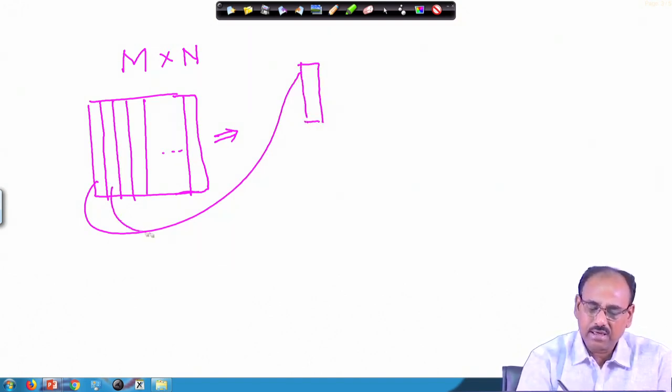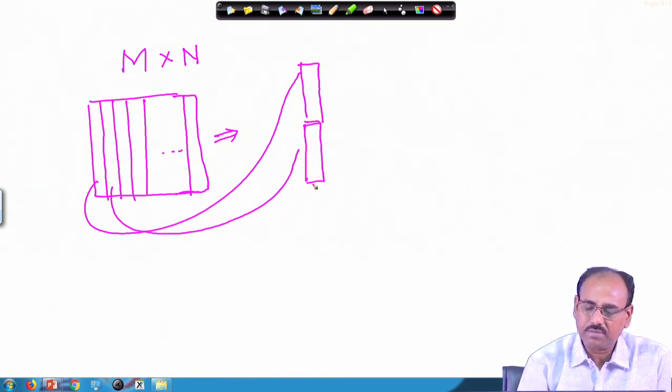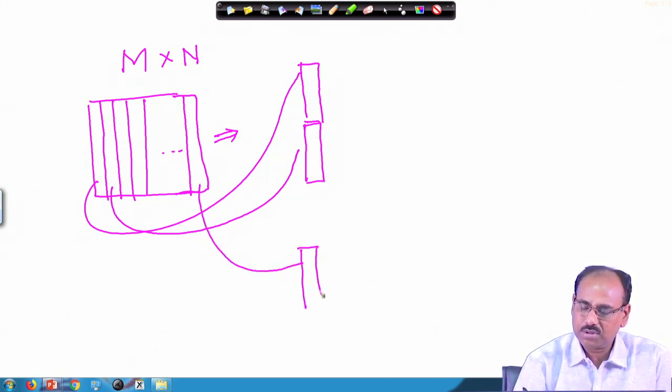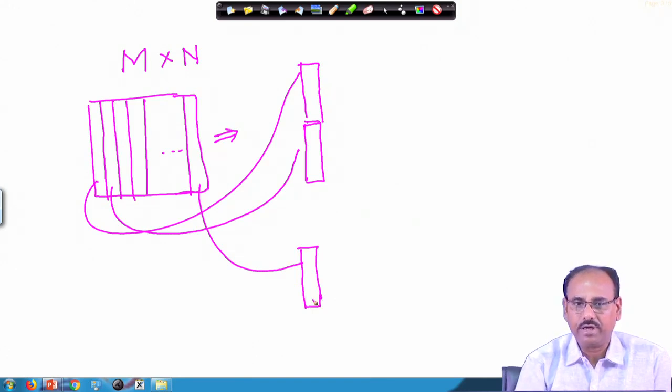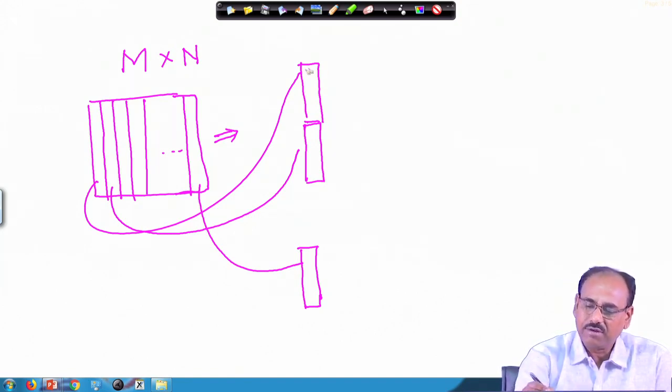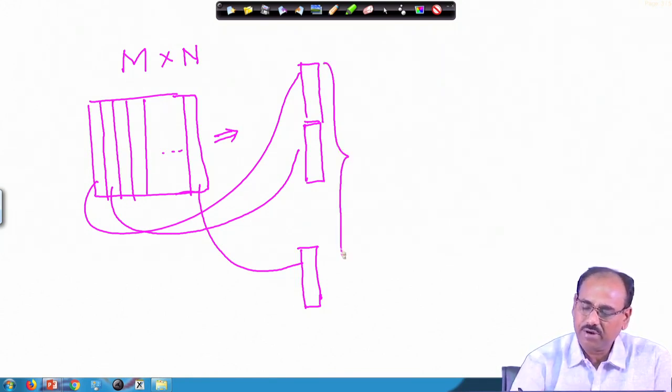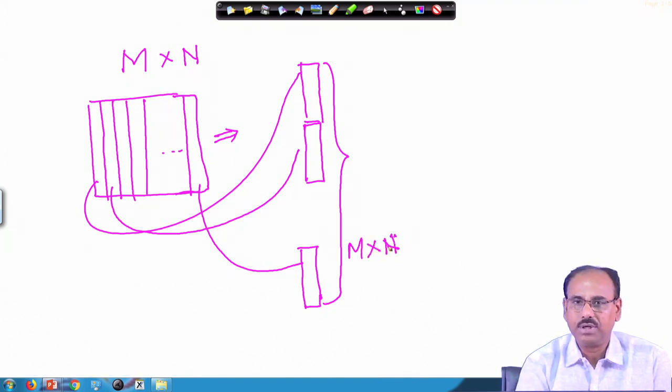Then you concatenate the second column, which makes another part of the vector. Like this you continue, and the last column forms the last portion of the vector. So, when I have an image of size m by n, having a total number of pixels m into n, I generate a feature vector from this image which has m into n components. So, this is an m into n dimensional vector.